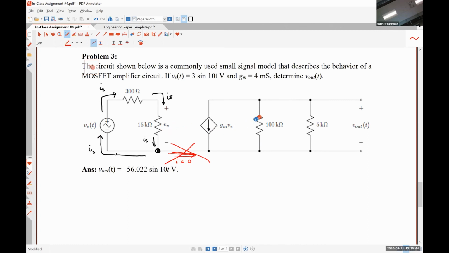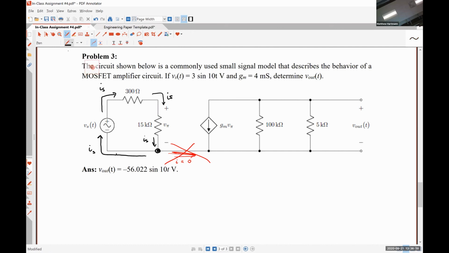all that talk about Kirchhoff's current law around the left-hand loop actually helps us a little bit as well, because we can see that that voltage source is connected to those two resistors, the 300 ohm resistor and the 15 kilo ohm resistor, in series. So I have a known voltage drop over two resistors in series. That is prime pickings to use voltage division in order to solve for that voltage V pi without bothering to figure out what the current flowing around that left-hand loop is.